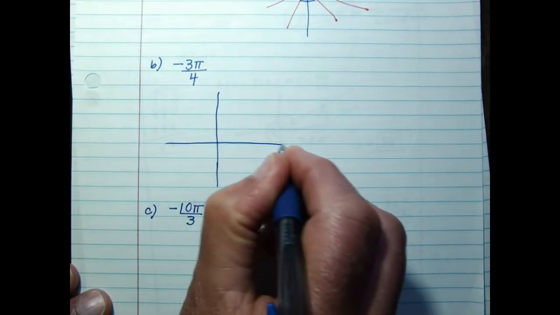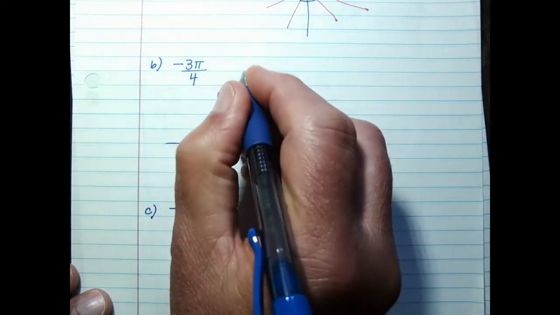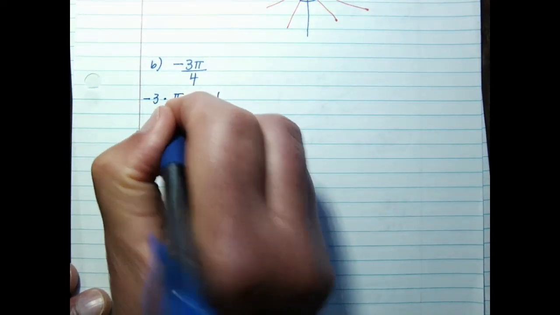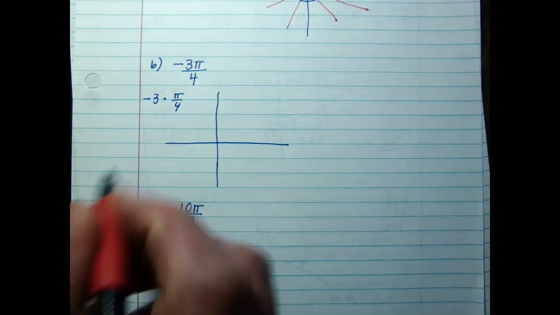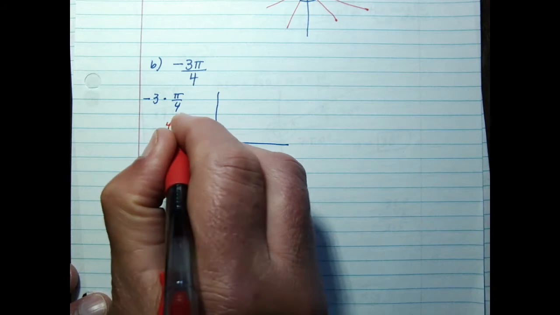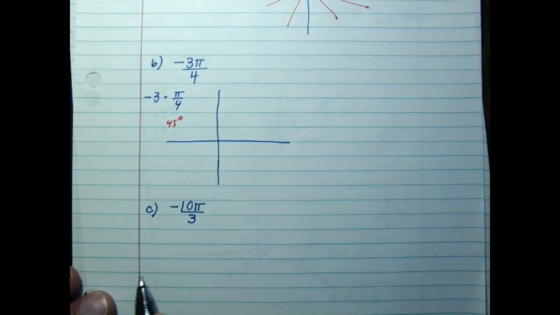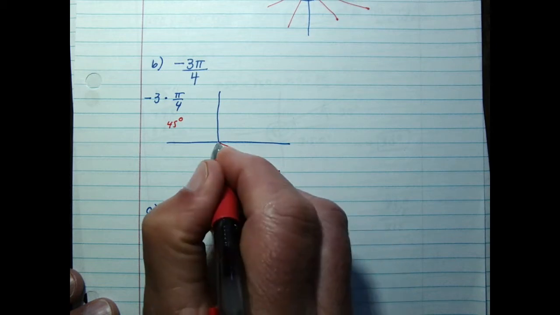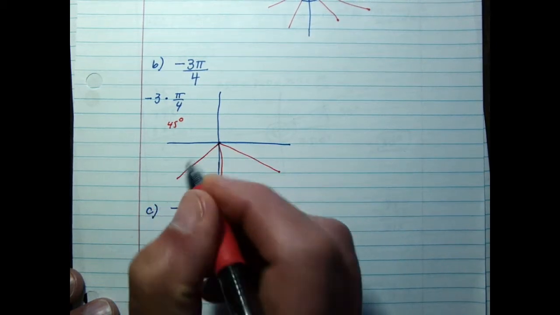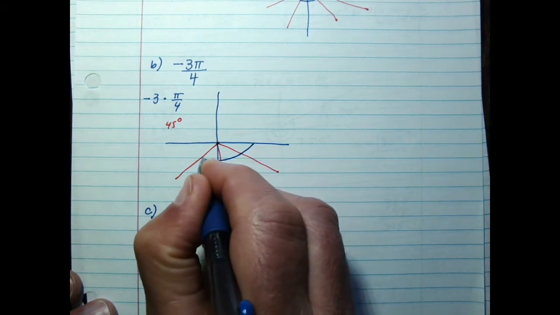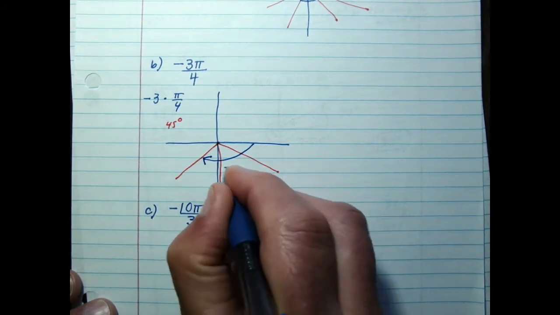Okay, that was pretty intense. Let's get negative 3 pi over 4. I like this because it's a negative multiple of pi over 4, which means we're looking at multiples of 45 degrees. So negative 3 pi over 4, negative 1, 2, 3 pi over 4 would be right down here.